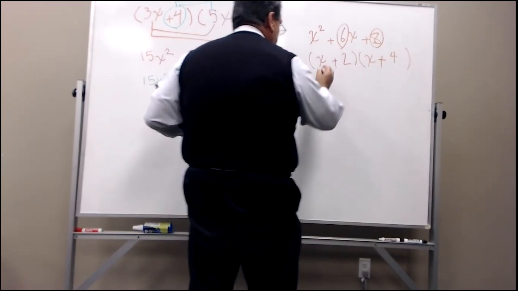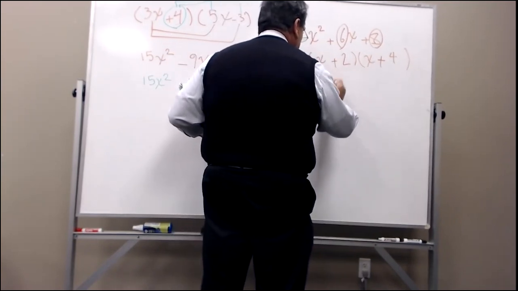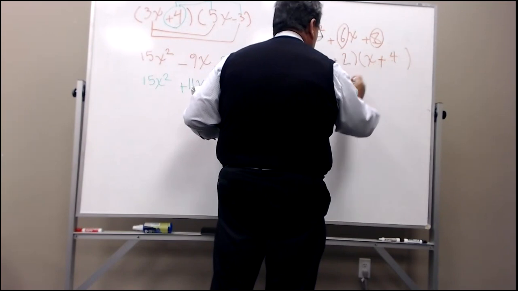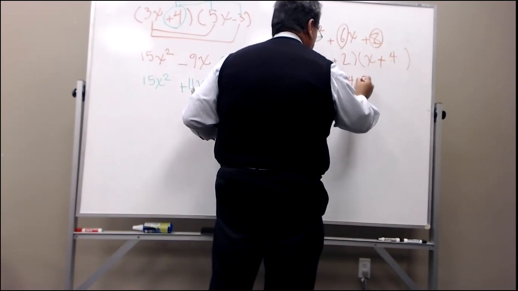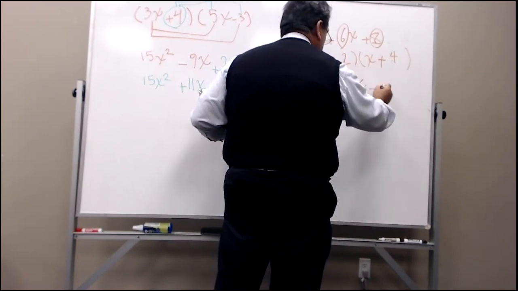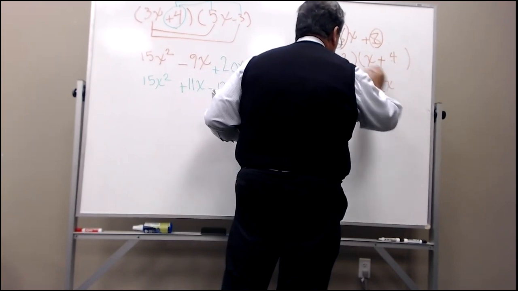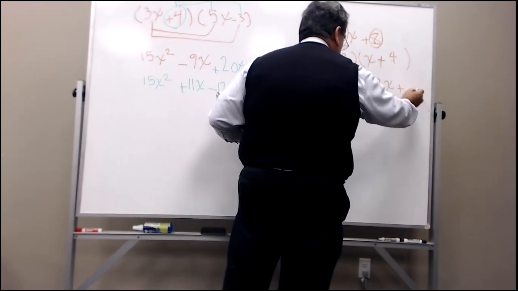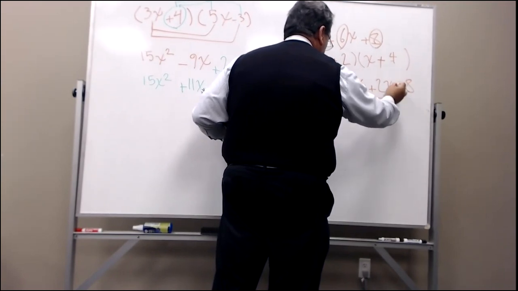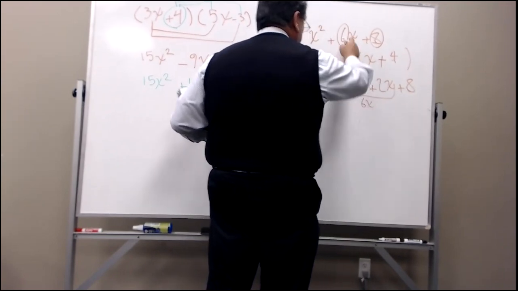And if I check it, x times x, x², x times 4, 4x, 2 times x, 2x, 2 times 4, 8. And these two become 6x. So I get back to the original question.